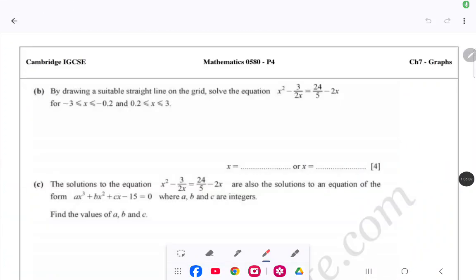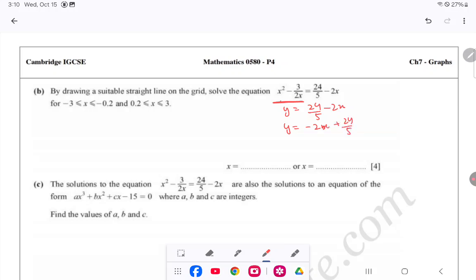Now, by drawing a suitable straight line on the grid, solve the equation. In order to solve the equation, first we are going to have to do that. We know that this term in the given question is equal to y. y is equal to 24 over 5 minus 20 minus 2x. So arrange it into the y is equal to mx plus c equation.